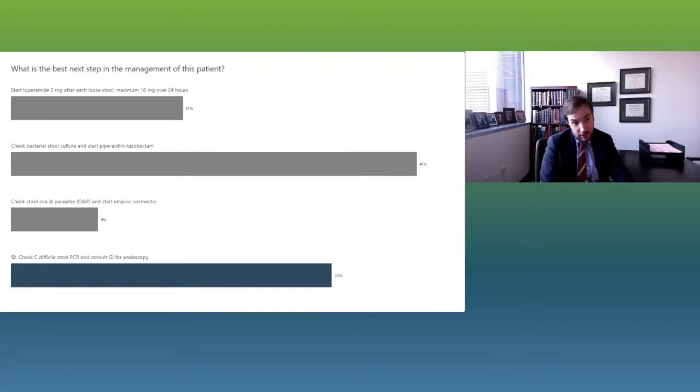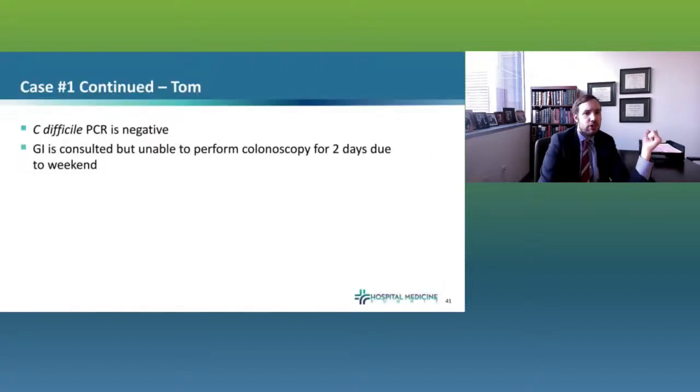So it's important to check things like C. diff, common things being common, but also getting GI involved for colonoscopy is important because visual inspection of the colon is going to be the best way to actually diagnose immune-related colitis, and you can actually diagnose that on biopsy because you'll see increased infiltration of lymphocytes in the tissue. All right, next question.